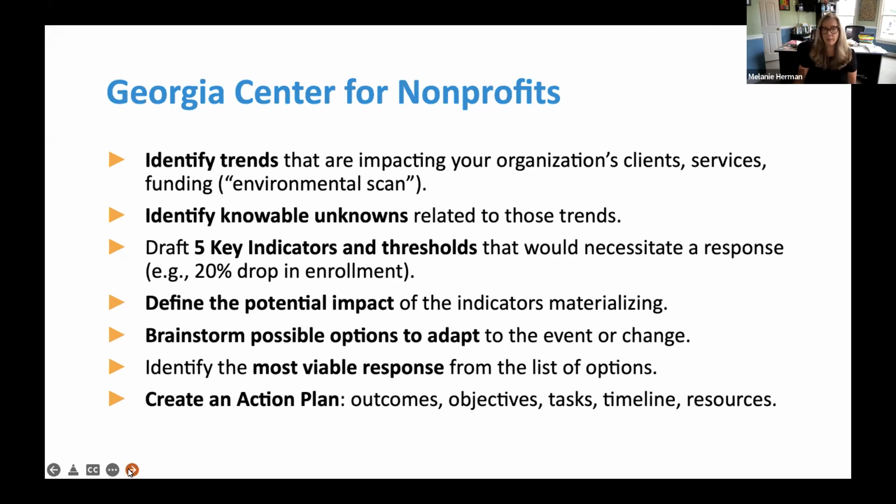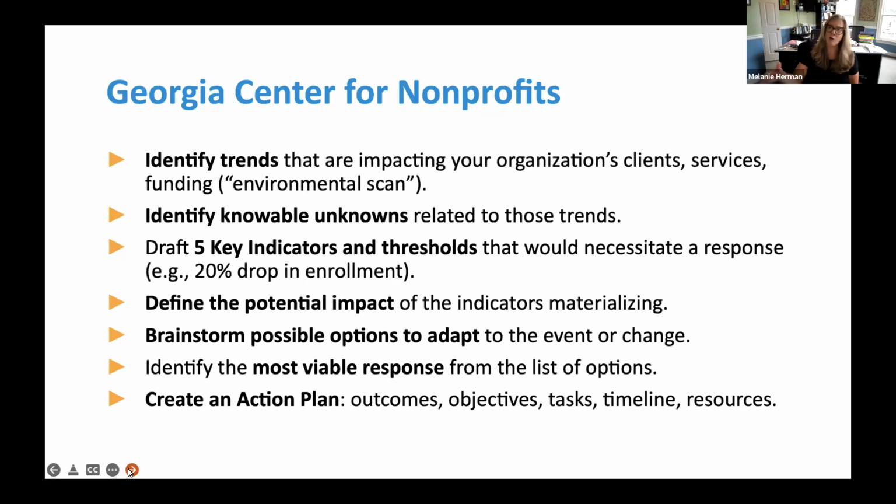And then the second step is to think about knowable unknowns. And I love this terminology, knowable unknowns. Essentially, that's answering the question, what is it that we don't know that we could find out, right? That's knowable, something out there that would be helpful to know or that we need to know, but we don't have access to it right now, right? Often this is related to data.